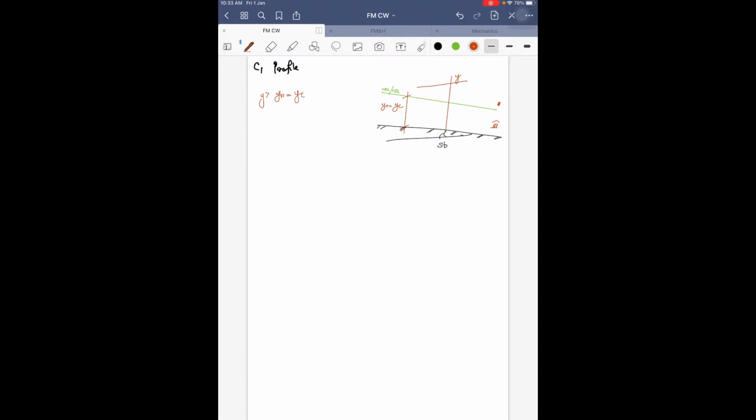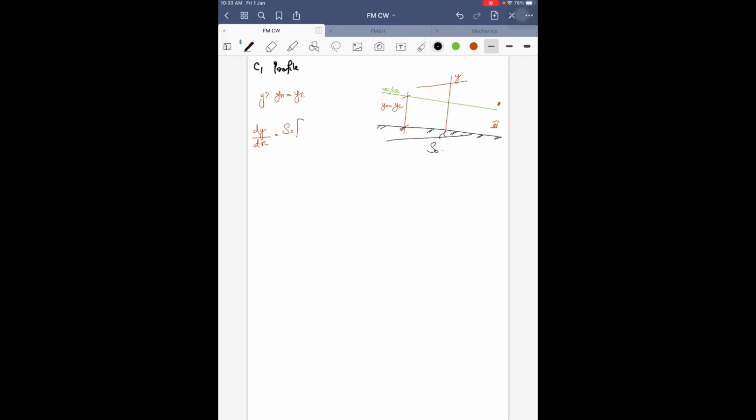Now let us write the dynamic equation for gradually varied flow: dy by dx is equal to S0. Oh, I'm sorry, I wrote it here as SB. It is S0 actually. No issues if you write SB also.